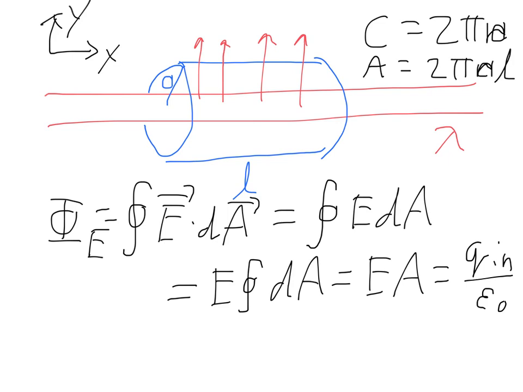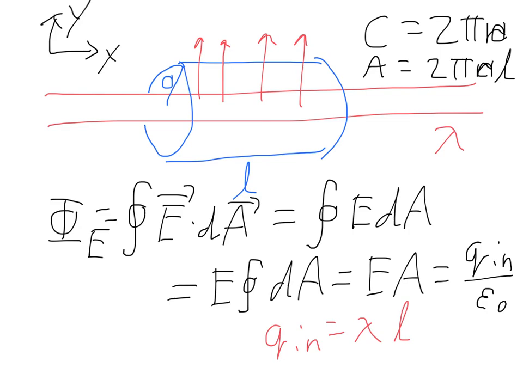Now, how much charge do we have inside? Well, that's going to depend on how dense the charge density is and how long a length we're enclosing, which in that case will be length L. So we know what the enclosed charge is for our Gaussian surface that we've imagined drawing over this thing.